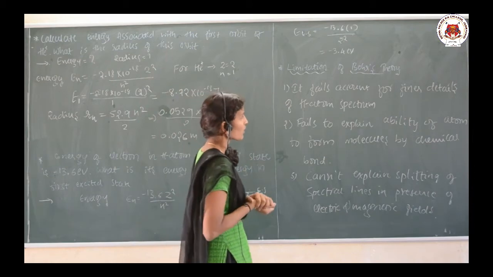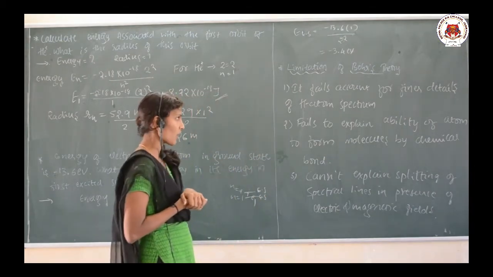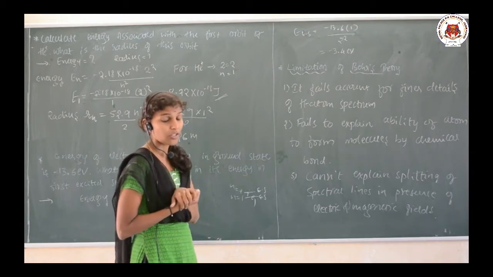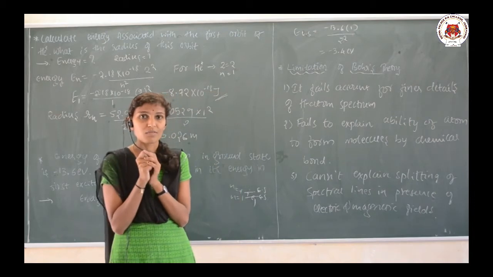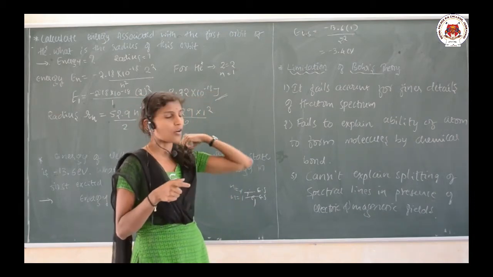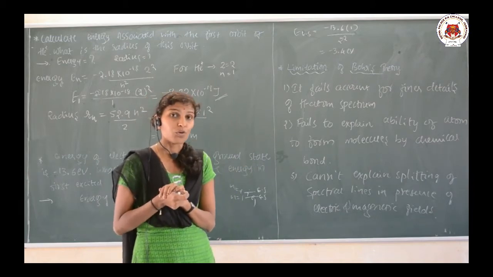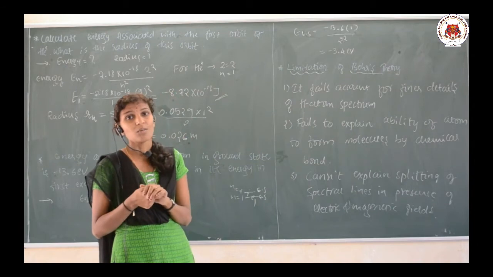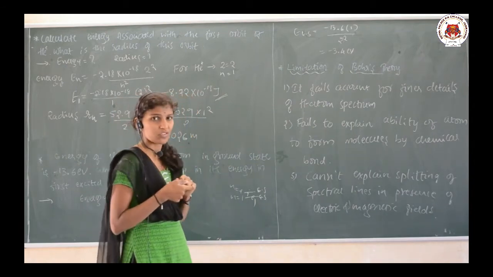So, the limitations are: it fails to explain the fine details of the hydrogen atom spectrum, it cannot explain the splitting of spectral lines in the presence of electric and magnetic fields, and it cannot say why atoms combine to form a molecule by chemical bonds. All these are the limitations of Bohr's theory.